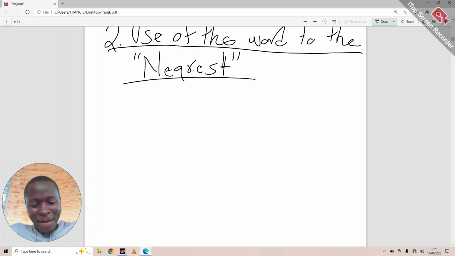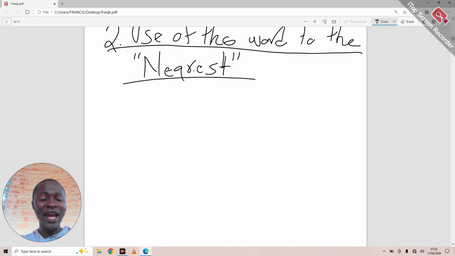Even though, with some questions you can be lucky. For example, let me assume there's someone who never understood this part, who never understood "to the nearest millimeter". He doesn't have any idea what to do in that part.